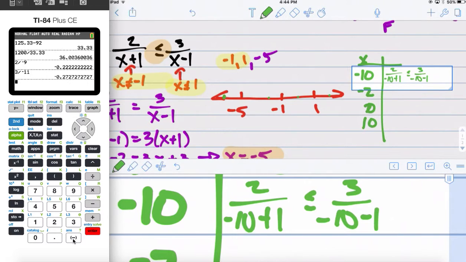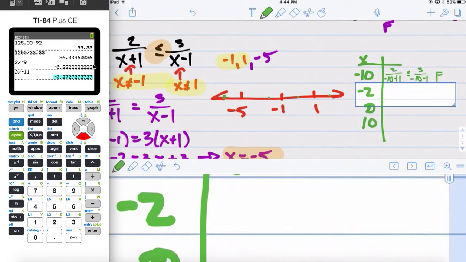Okay, so which one of those is smaller? The smaller one is the one furthest away from 0, so negative 0.2727 is the smaller one, so my first statement is false.